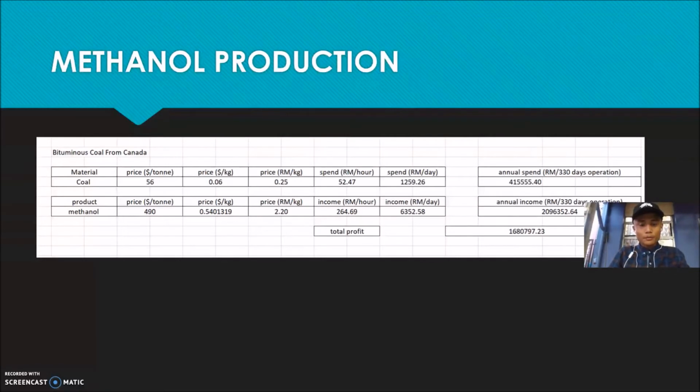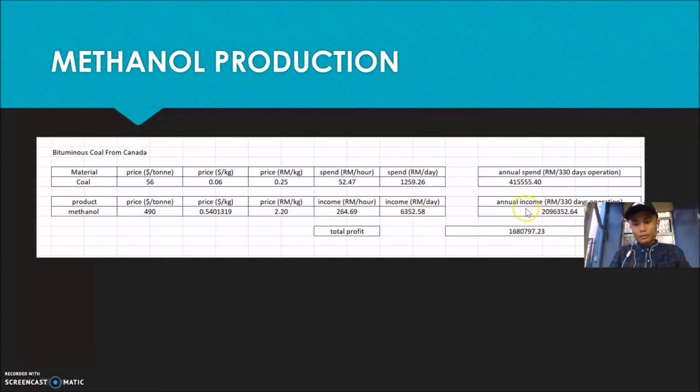As you can see, this is the methanol production with the given total profit. First, the material we use is coal, with our spending per hour at 52.47, and the annual spend for 330 days of operation is 415,555.40 ringgit Malaysia. For the methanol income, the rate per hour is 264.69 ringgit Malaysia.